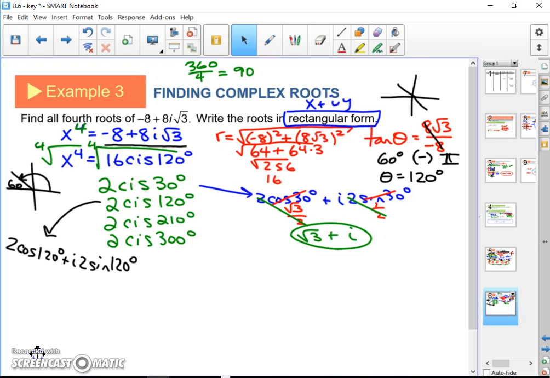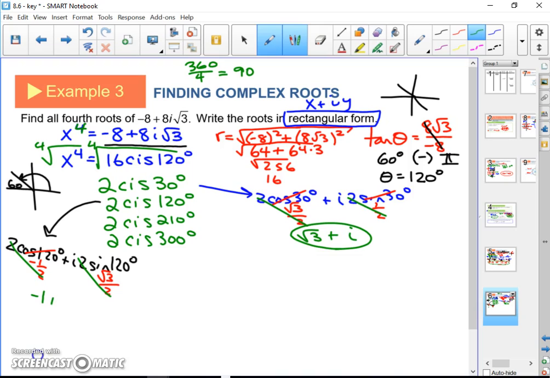So what's cosine 120? Negative 1/2. Very good. And sine 60 is square root of 3 over 2, so sine 120, in the second quadrant, is also positive square root of 3 over 2. Let's cancel out those 2's. I'm looking at negative 1 plus i times the square root of 3.